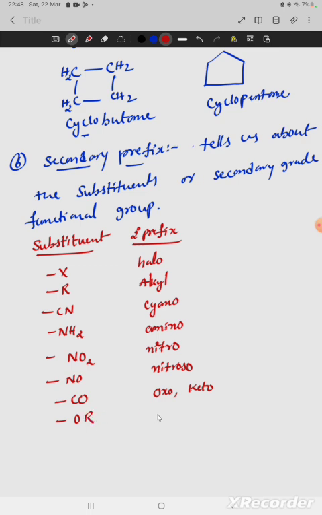OR is alkoxy. CHO is formyl. CONH2 is carbamoyl.